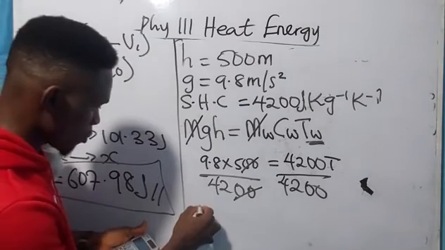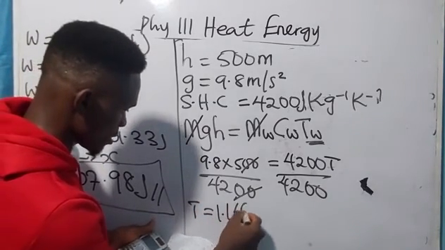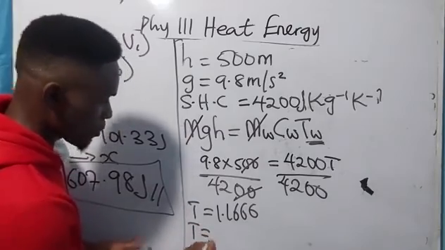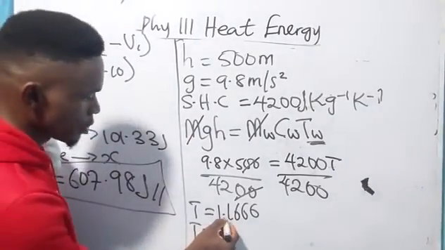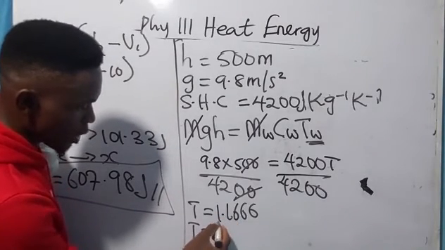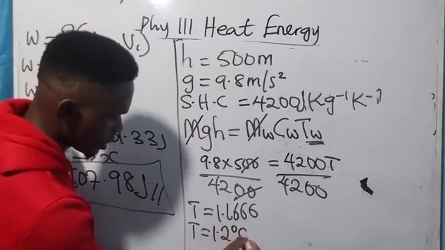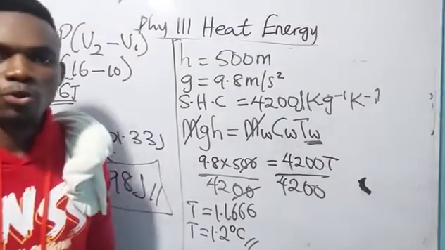It means that the temperature now, I have it to be 1.1666. All right, I will approximate to one decimal place. I'll have 1.2 degrees Celsius. So at this point, call it a day.